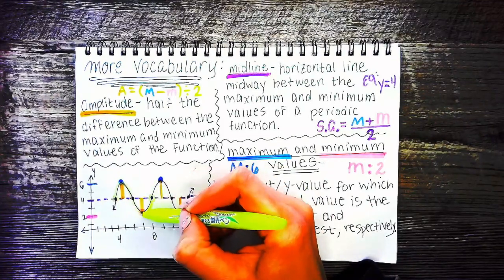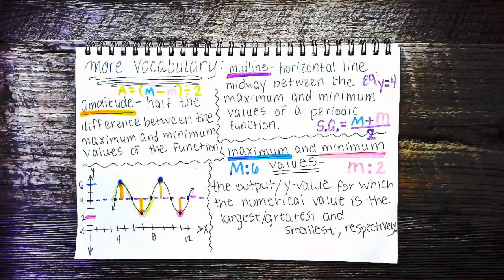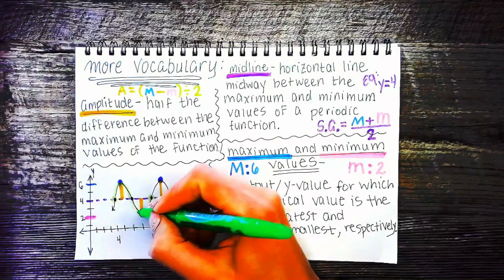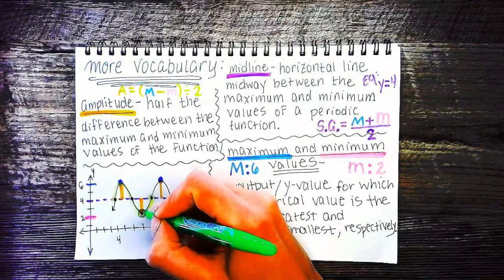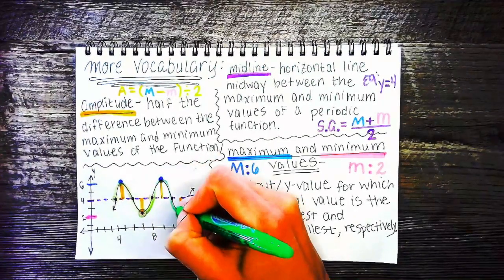If I highlight this piece, I'm highlighting one cycle of the periodic function. Another cycle that I could highlight is from perhaps right here to right here.